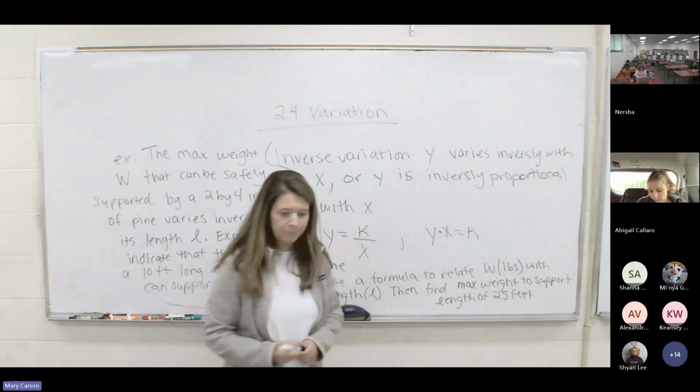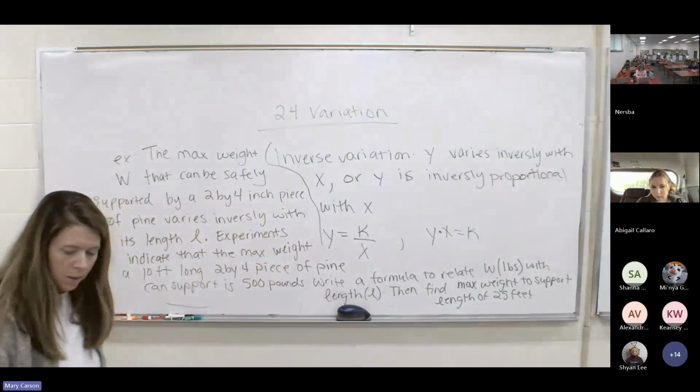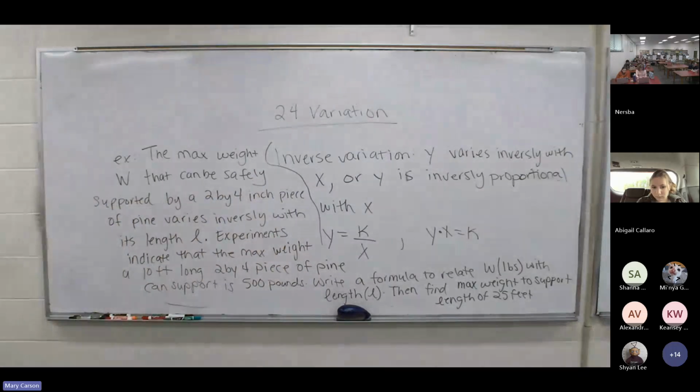All right, it's a long one. These are all kind of wordy, but they're really not hard. You just have to understand how to set them up. The max weight W that can be safely supported by a 2x4 inch piece of pine varies inversely with its length L. Experiments indicate that the max weight a 10-foot long 2x4 piece of pine can support is 500 pounds.